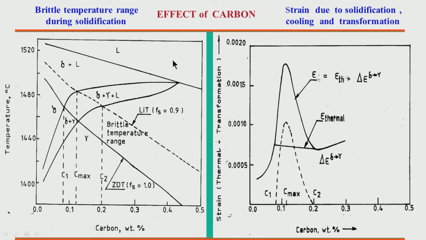The actual values of C1, Cmax and C2 will depend on what other alloying elements are present, but normally it is found around 0.1 only. The range may be from 0.07 to 0.16, or from 0.08 to maybe 0.17. So, basically what I am telling is that around 0.1 only this chemistry is critical, which is known as depression grades, because on the surface we have a lot of depressions.